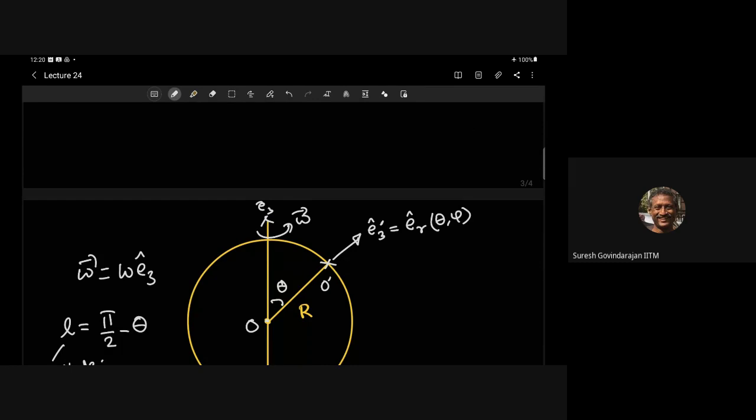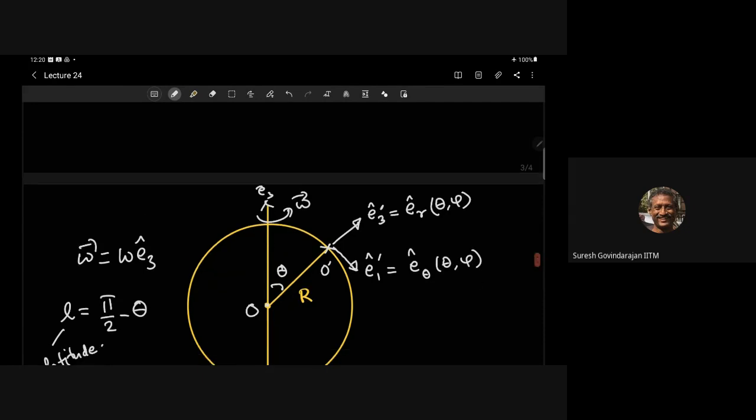Is this clear? Then we will choose E1 prime to be E hat of theta. And finally, I need to choose E2 prime. E2 prime is E3 cross E1. It comes out of this plane, but I'll just write it out.